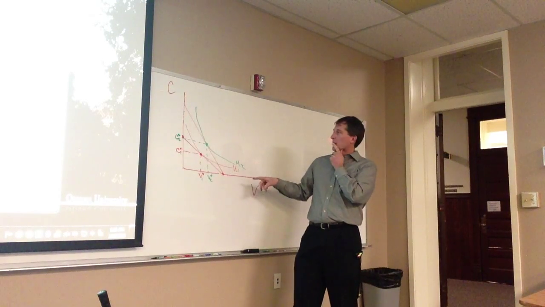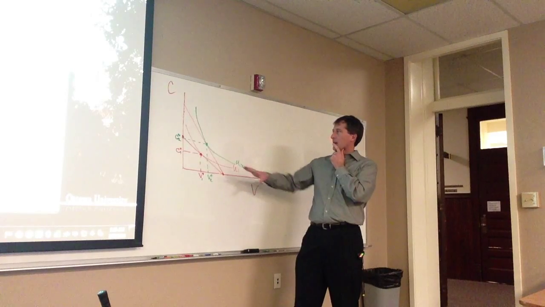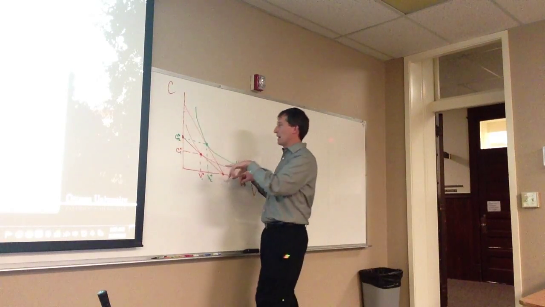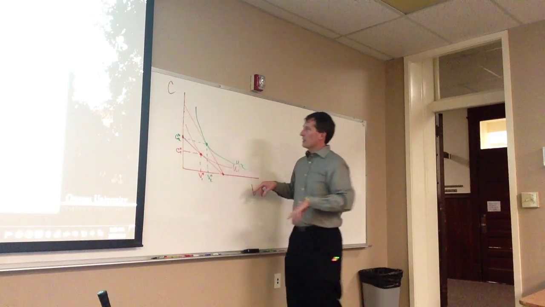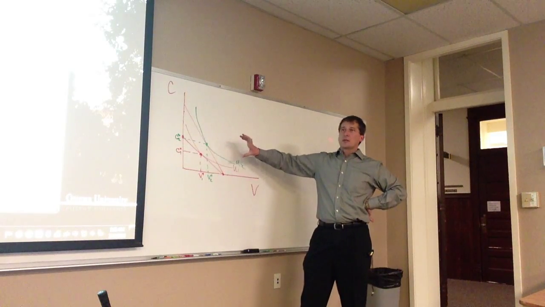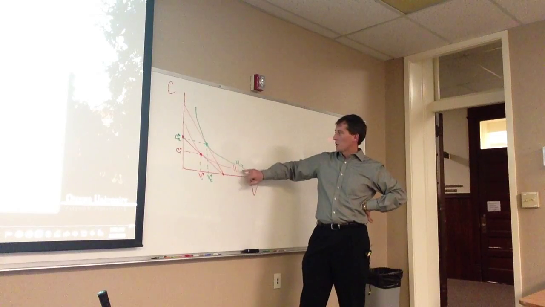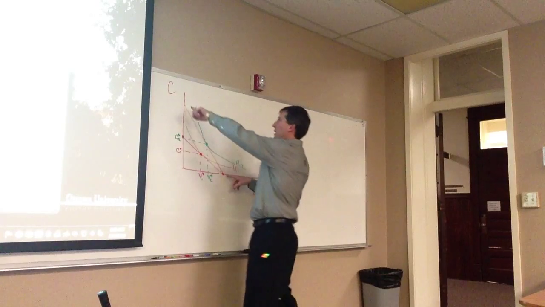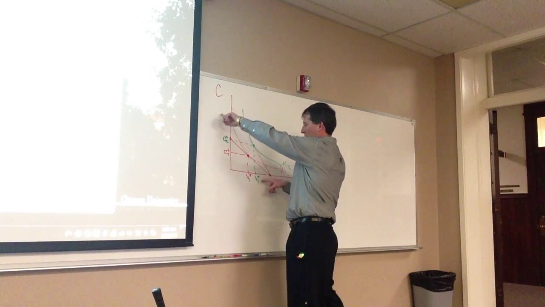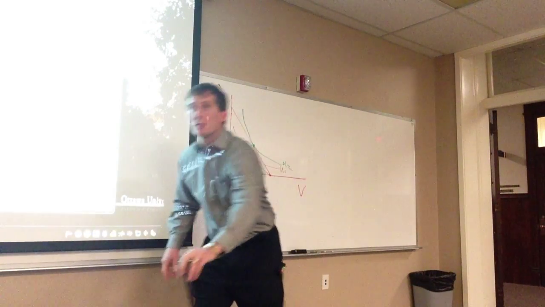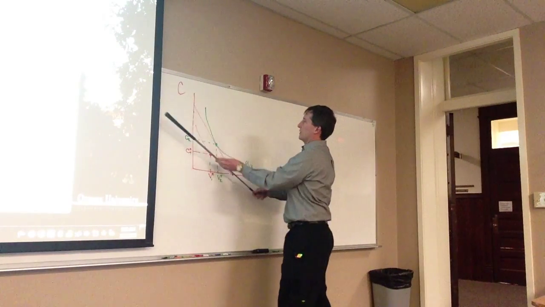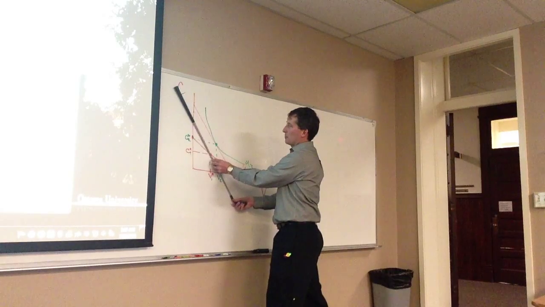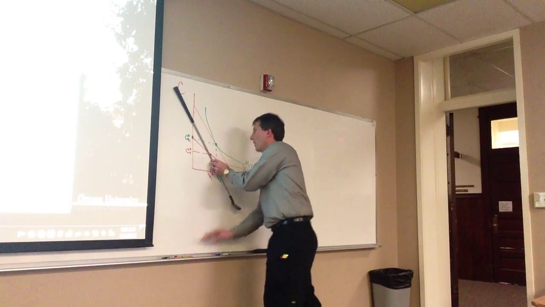So when you do a price change, we can think about the income effect and substitution effect. The substitution effect is the amount of substitution holding utility constant. So we're going to bring our new budget line back to our old indifference curve and find the point of tangency.